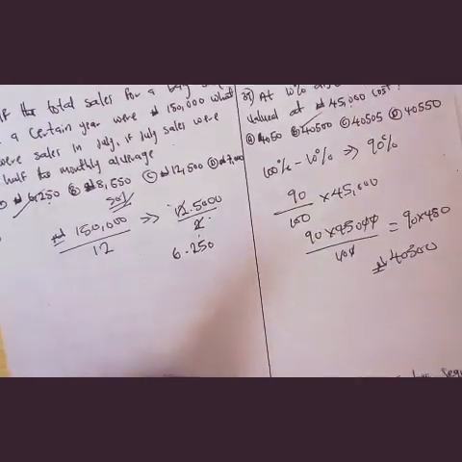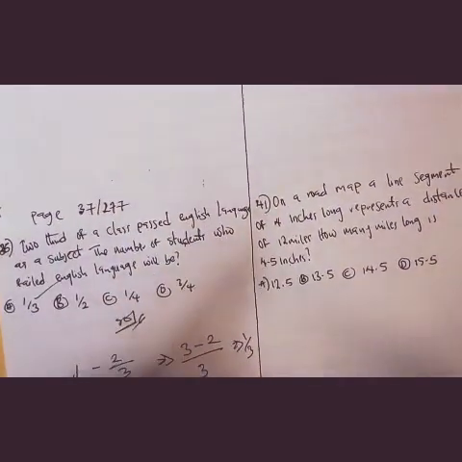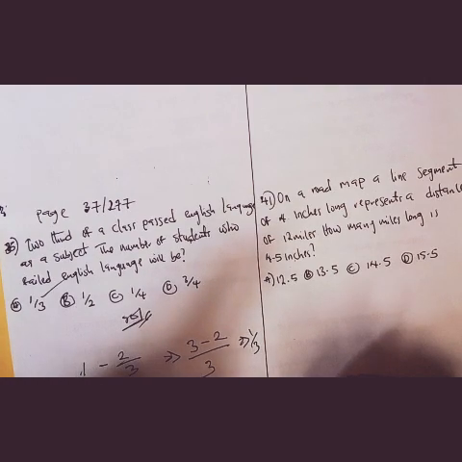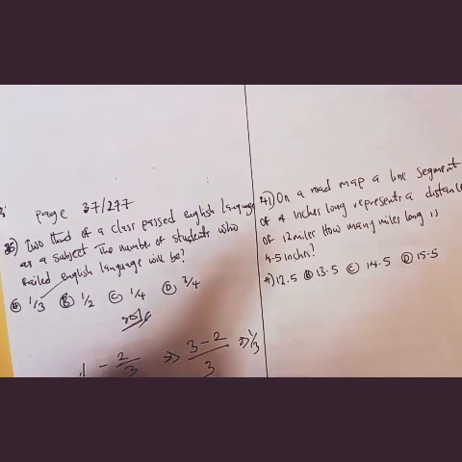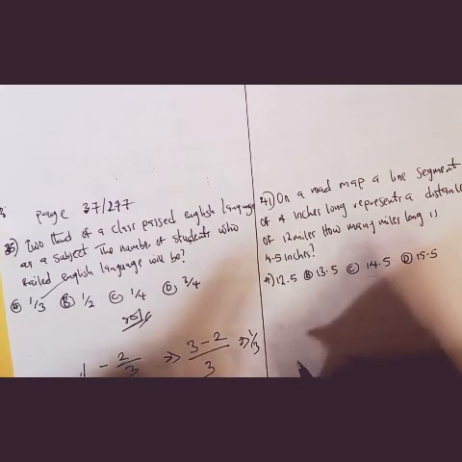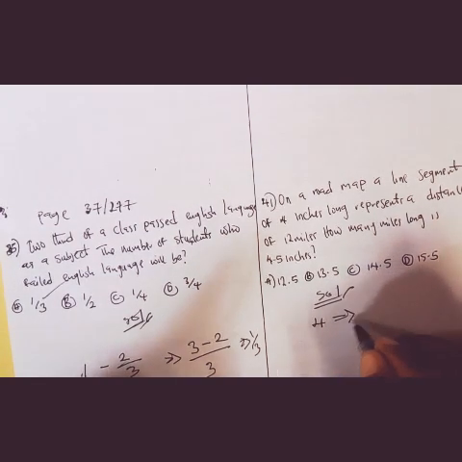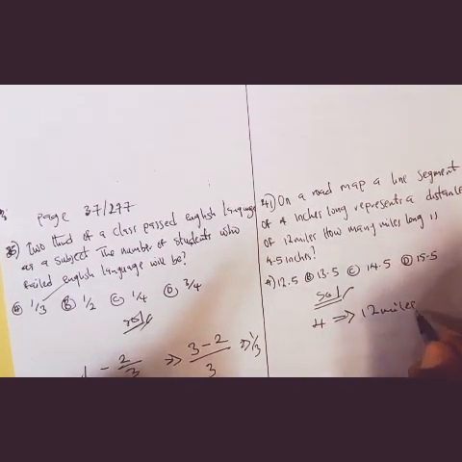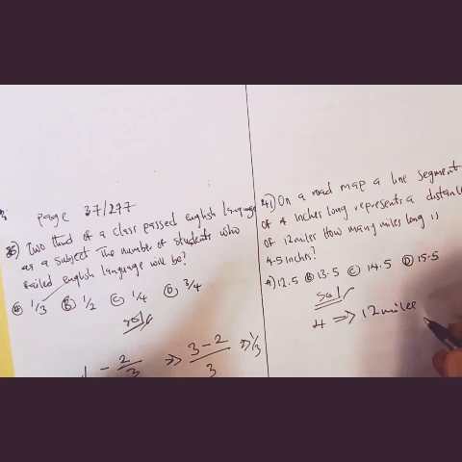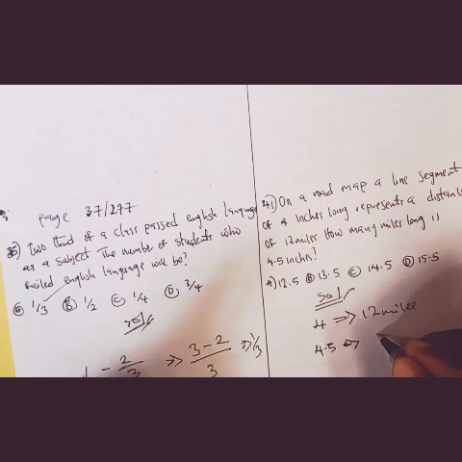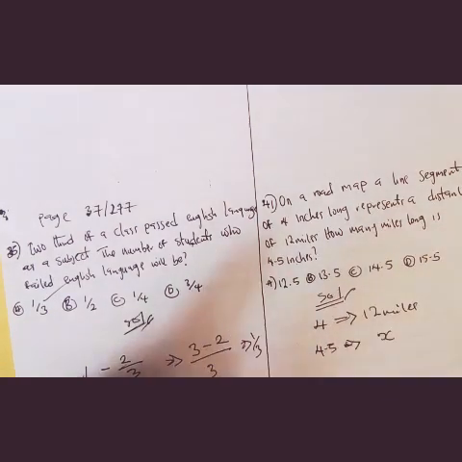Now this is still on page 38, question number 41. It says, on a road map, a line segment of 4 inches long represents a distance of 12 miles. How many miles long is 4.5 inches? If 4 inches is equivalent to 12 miles, then 4.5 inches will be equivalent to x miles.